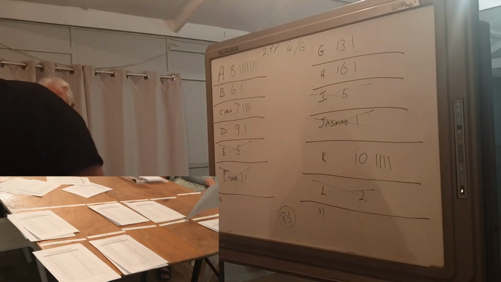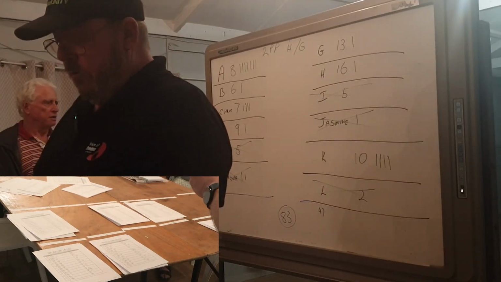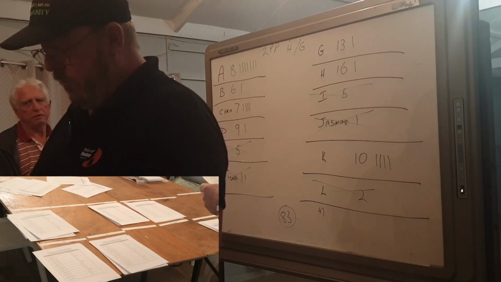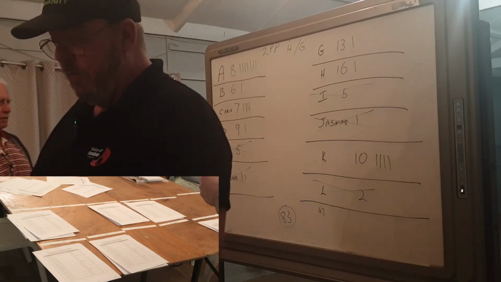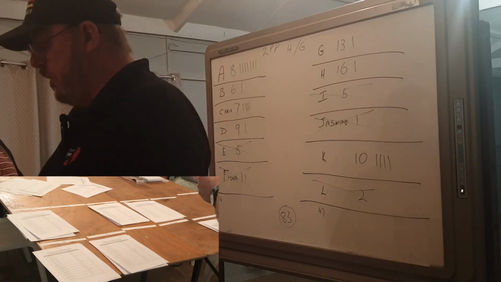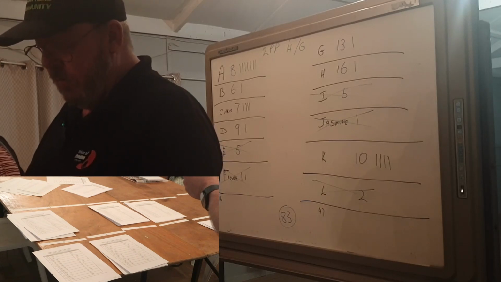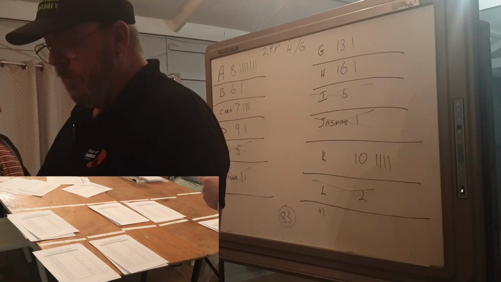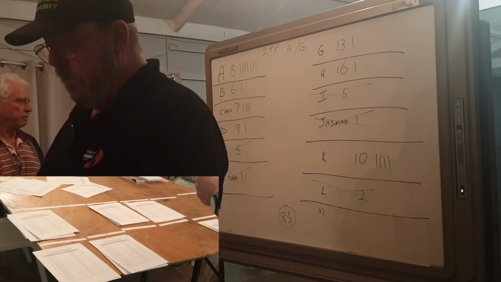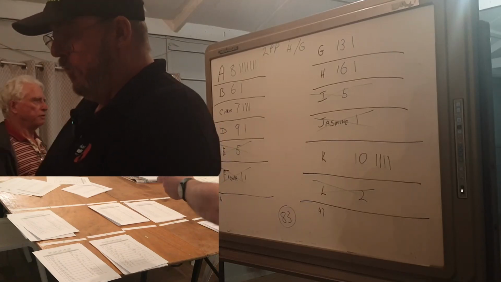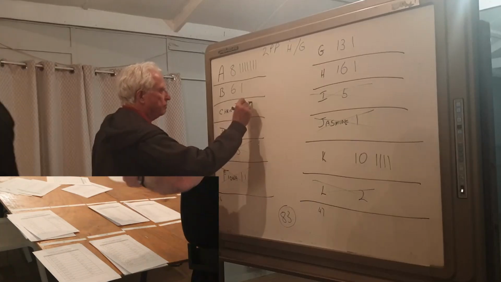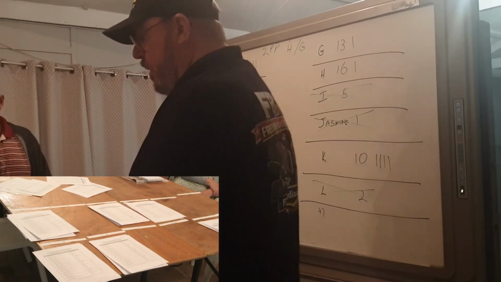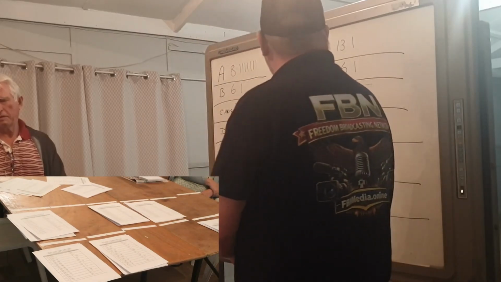There's only one. Good. Right, this one here. Preference number 2, party L, gone. Preference number 3, Fiona Clark, gone. Preference number 4, Jasmine, gone. Preference number 5, Chris Walker, still in the race. So Chris, independent.